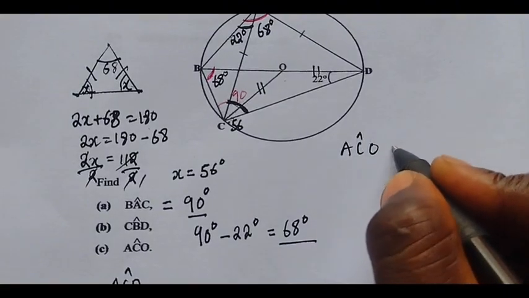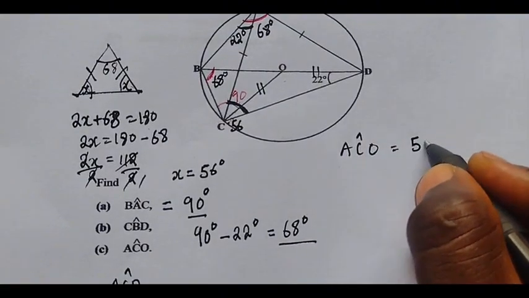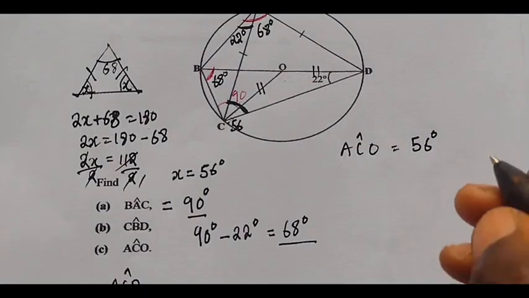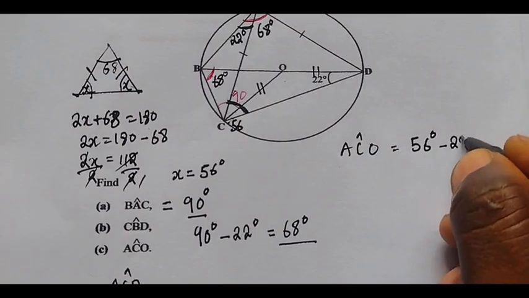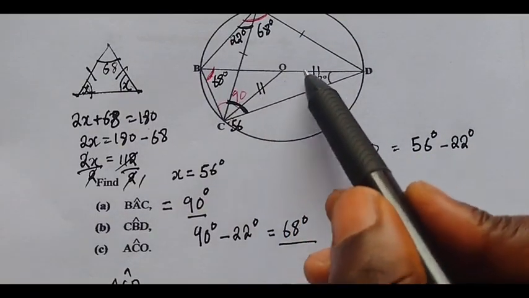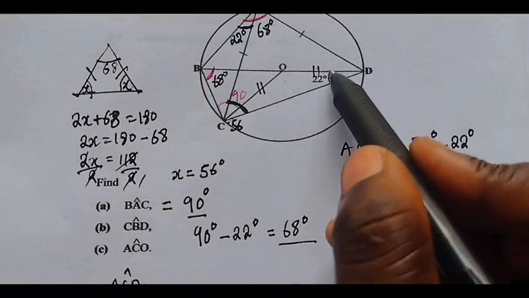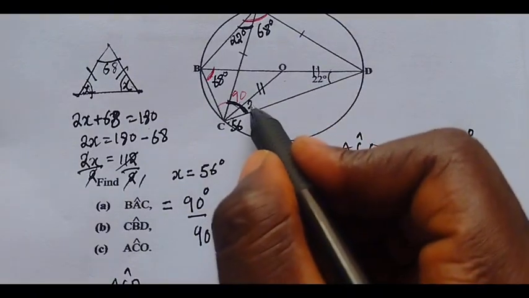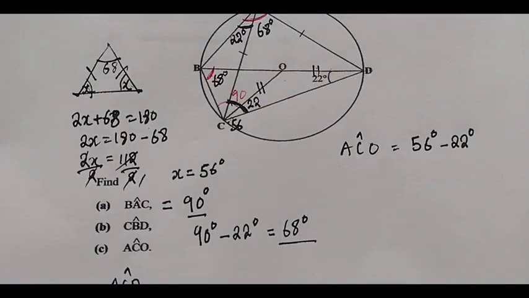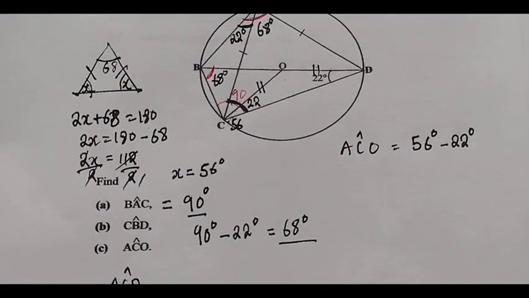ACO is equal to, so I'm going to get this 56 degrees angle, then we subtract 22 degrees right here, because I said this and this, they are the same. So if you have a 22 here, it means that even here you have a 22, but here you have said it's a 56. All right, so I hope it's clear.